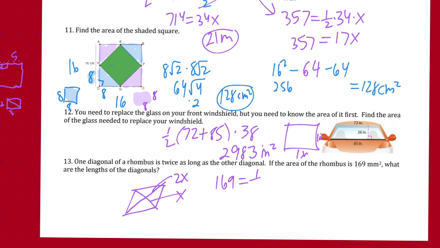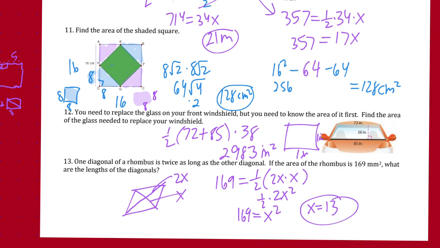You take half of the product of those two diagonals, so 2x times x. That's 2x squared. If you want to do half of that, 1/2 of 2 is just x squared. And that equals 169. And that gives you x is equal to 13 when you square root both sides, and that would be in millimeters.